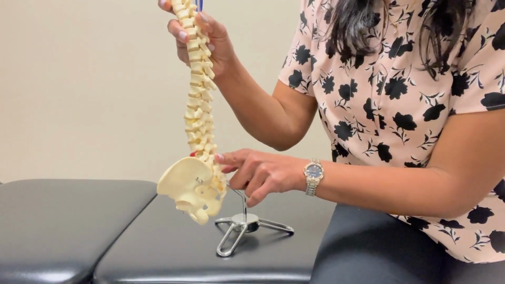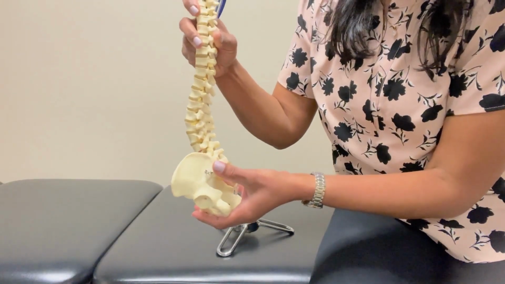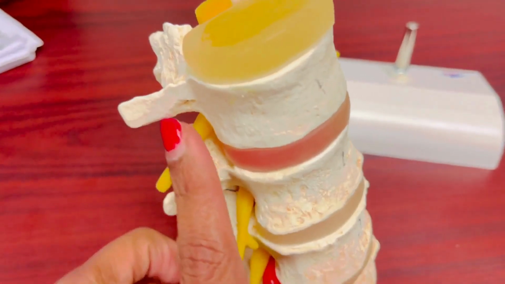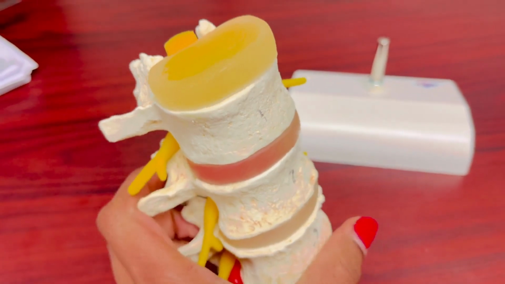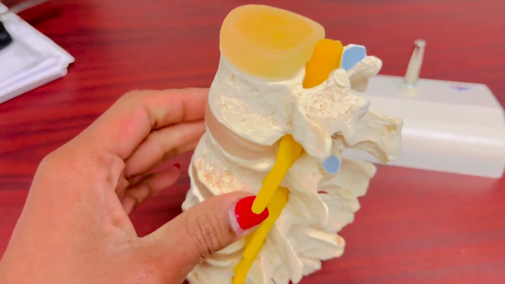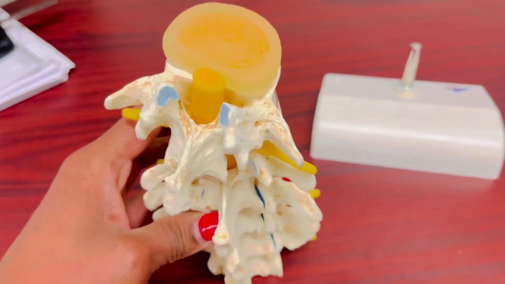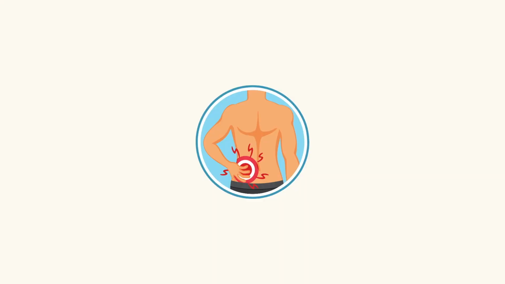When the spine is aligned well and everything is situated in its own confined space, we don't have a problem. However, if there is any alteration of any of these structures or damage to these structures, then it presents as a discomfort or pain. There are many reasons for the lower back pain or the pain which radiates down the leg.